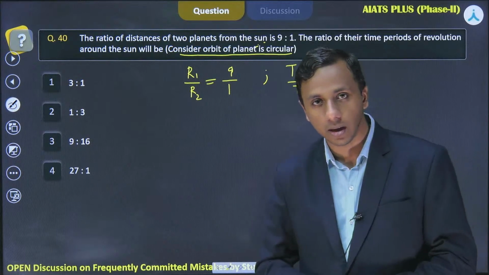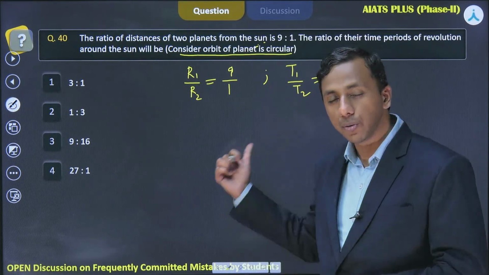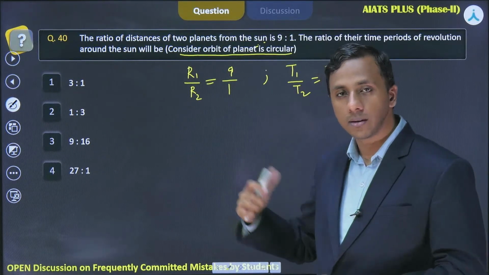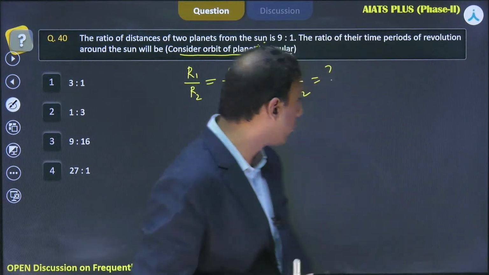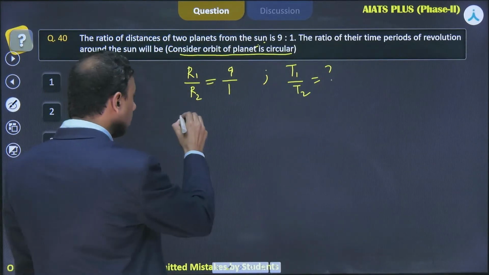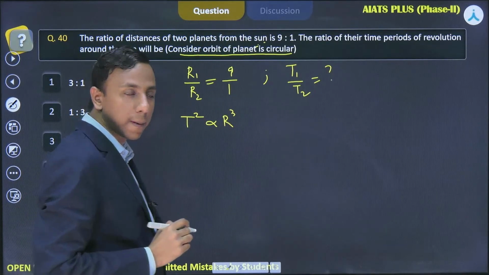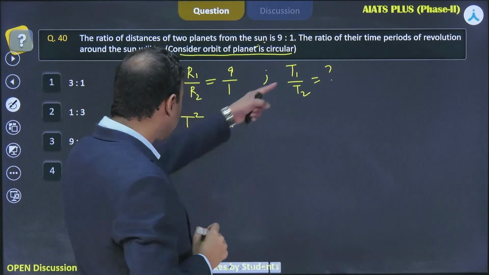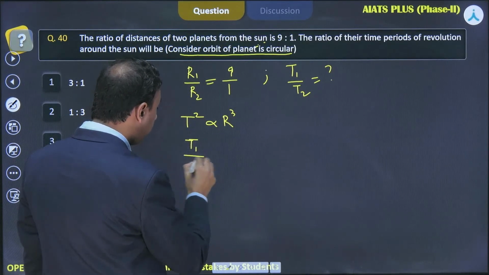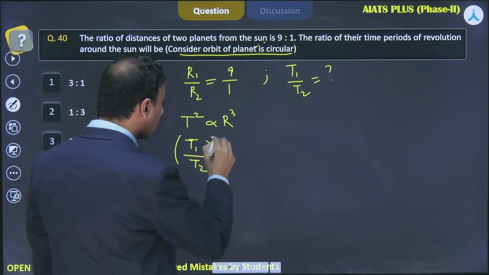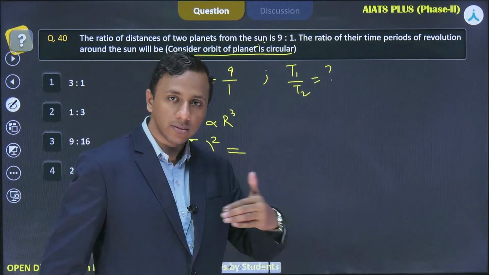Now how to do this question? This also we have done earlier. You need to remember Kepler's 3 laws. The moment you see time period with radius, etc., Kepler's 3rd law has to come to mind. So we can use T square proportional to R cube. That's all, you'll get your answer. The moment you see the proportionality sign, you can directly start writing the ratios.